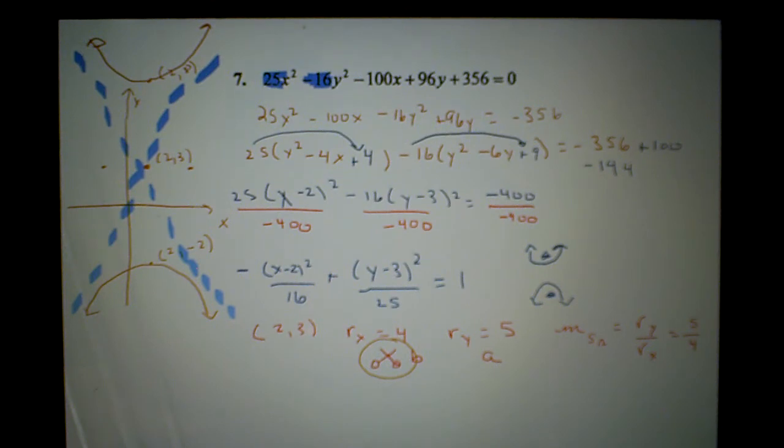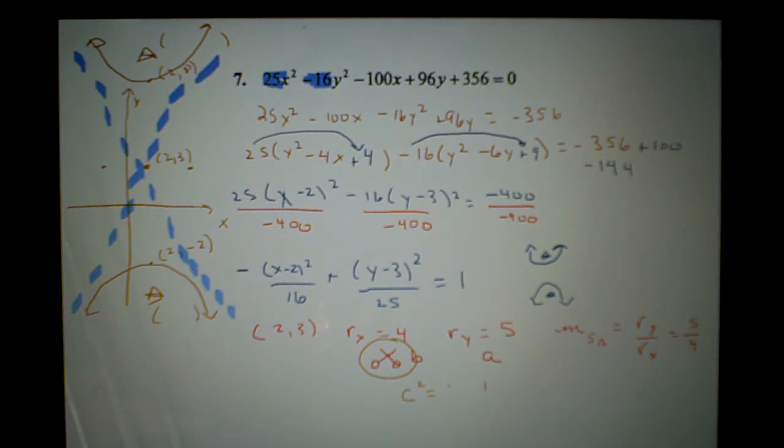But don't forget, you need to label your focal points. And your focal points don't come from a and they don't come from b, they come from c. But remember, in a hyperbola, c squared is the largest of the three values in our Pythagorean relationship.